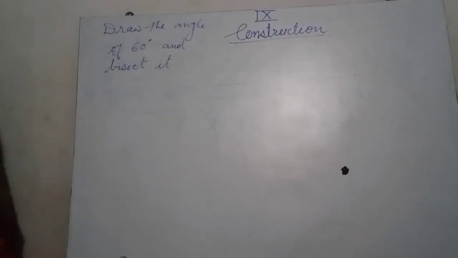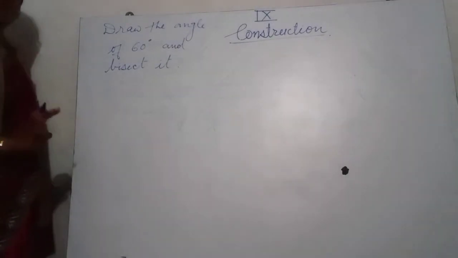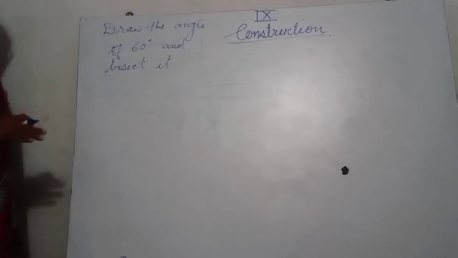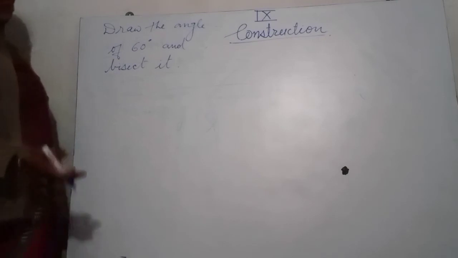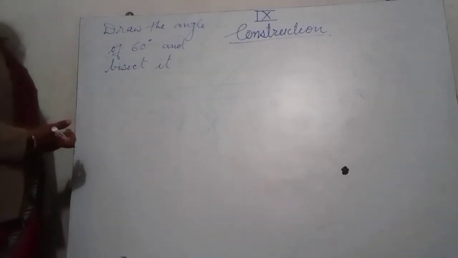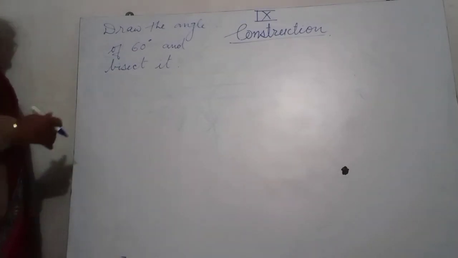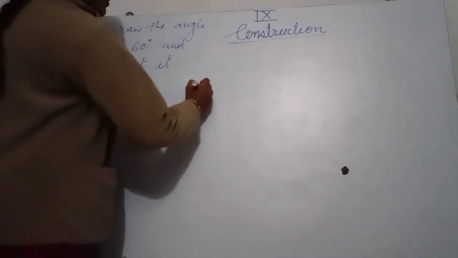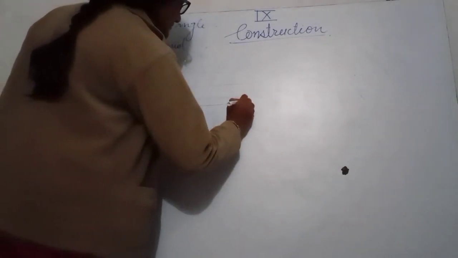Okay. First we are doing it using a protractor. But in the next step, we will do this construction of angle bisector without using a protractor. Okay. So, first draw the angle of 60 degree.